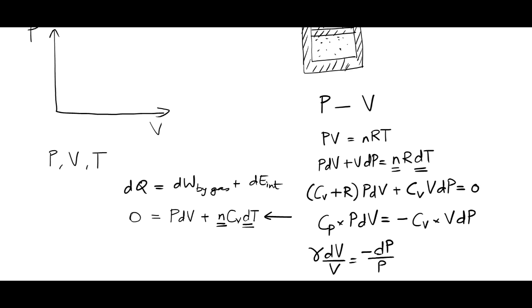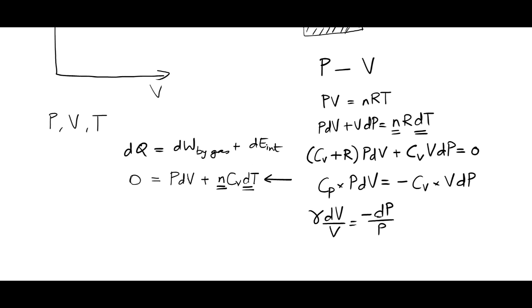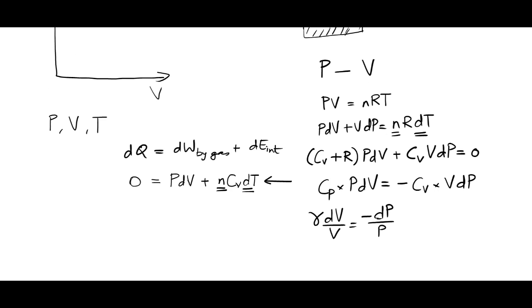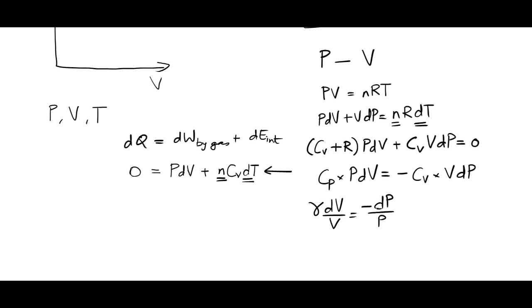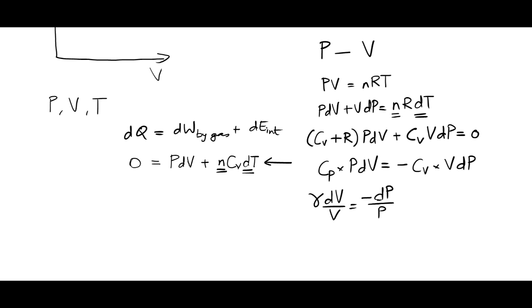And all I need to do now is to integrate this. I hope you have noticed that the variables have been separated. So on the left hand side I've got the volume variable, on the right hand side I've got the pressure variable.